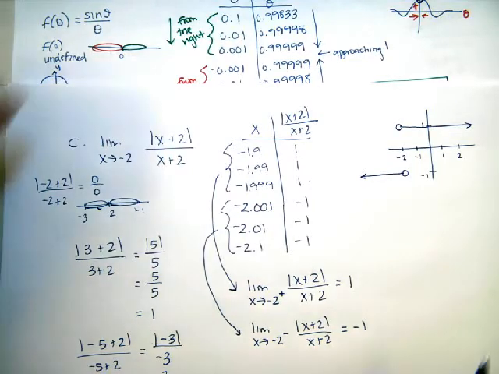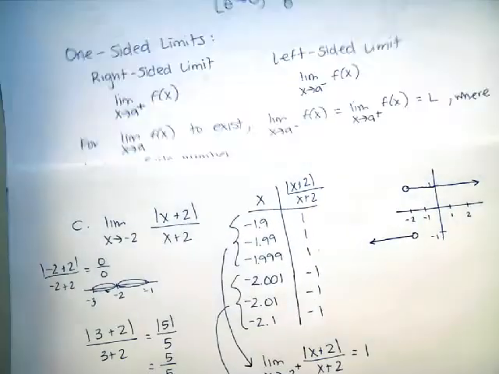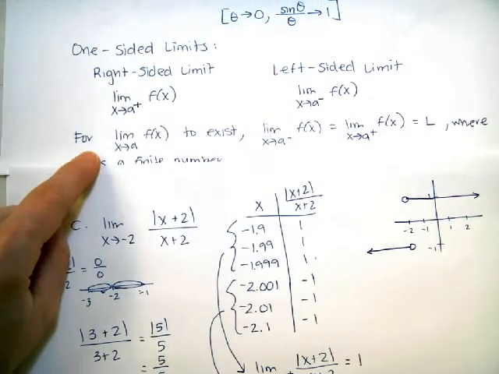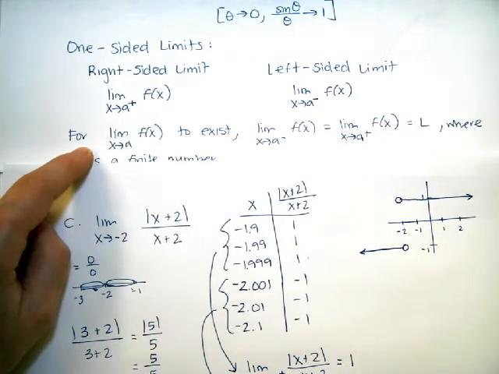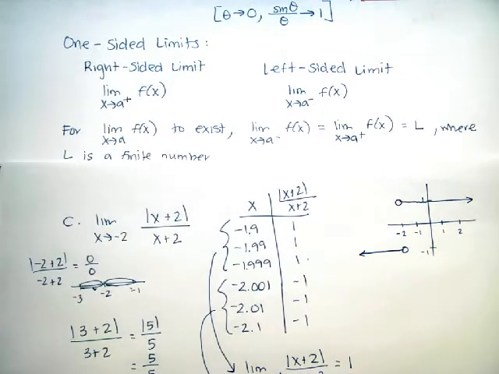Now that gets back to what I had talked about when we did one-sided limits, that for a limit to exist, its left-sided limit and its right-sided limit must agree with one another. Do they agree in this case? They don't. One side's saying it's negative 1, the other side's going, no, it's positive 1. They don't agree, so we would say the limit then does not exist at this point.